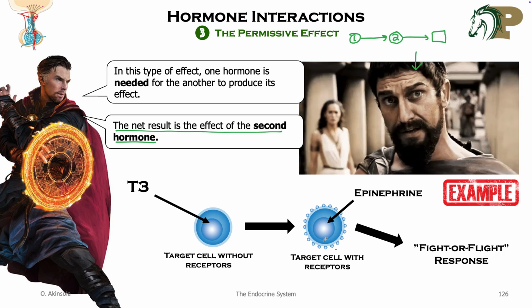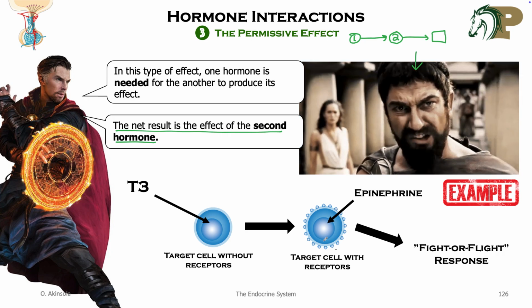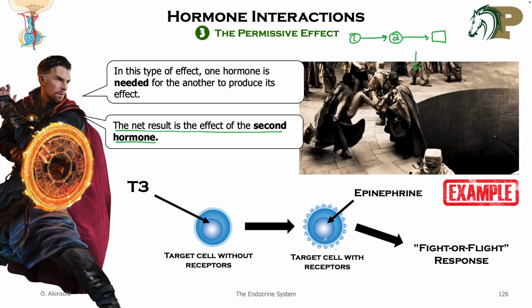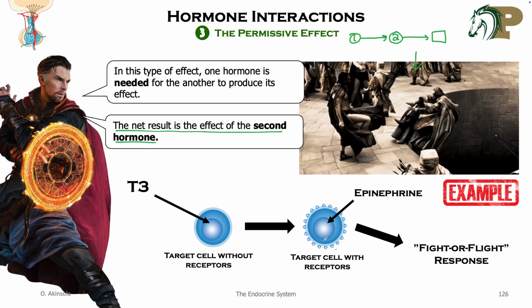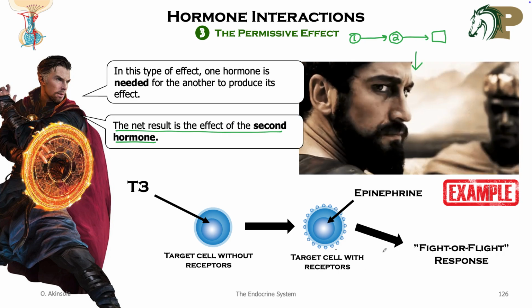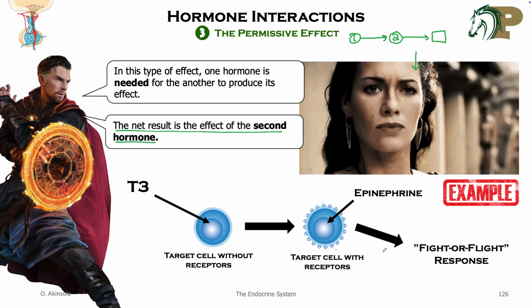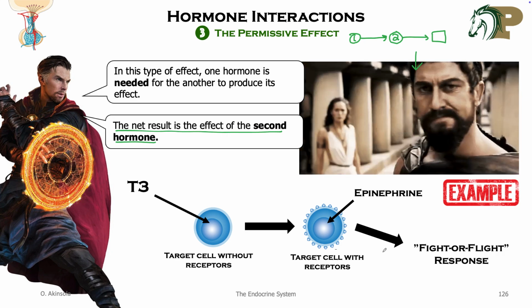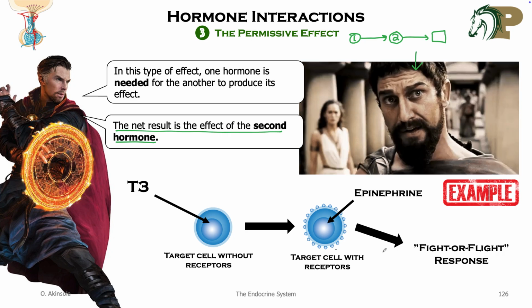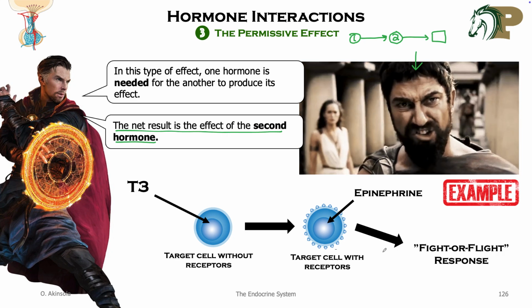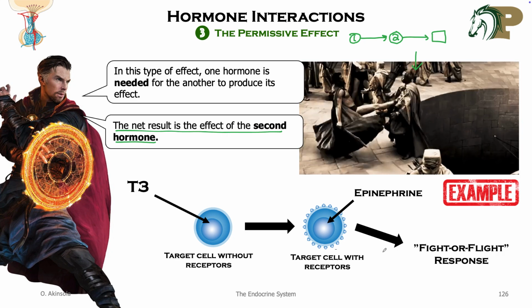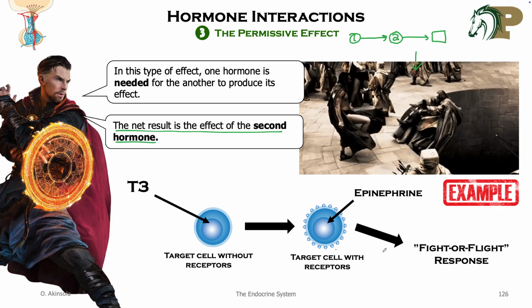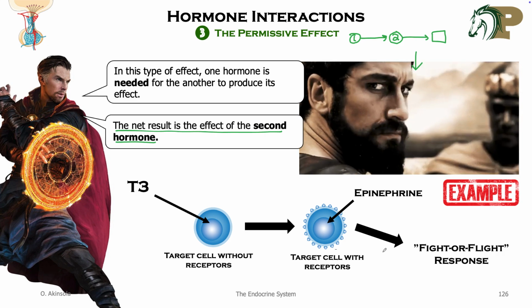So you have that permissive effect occurring here, leading to that fight or flight response, and thus you have one hormone kind of giving permission to another. So that's your permissive effect in action here for your hormone interactions.